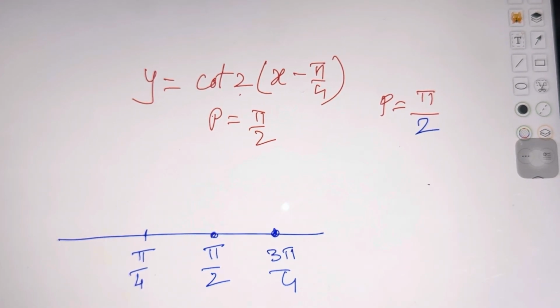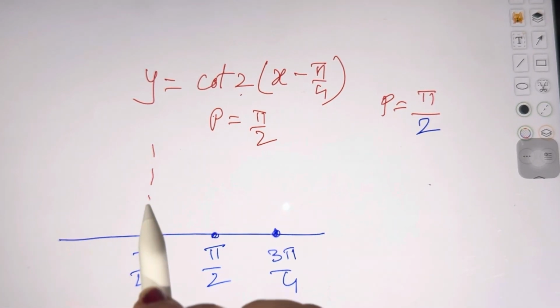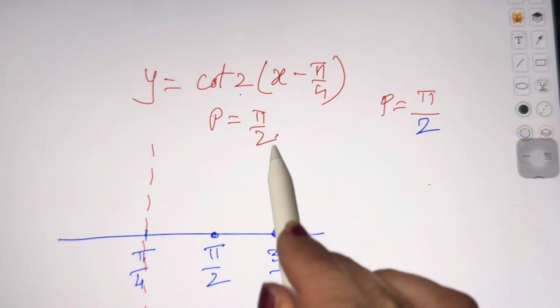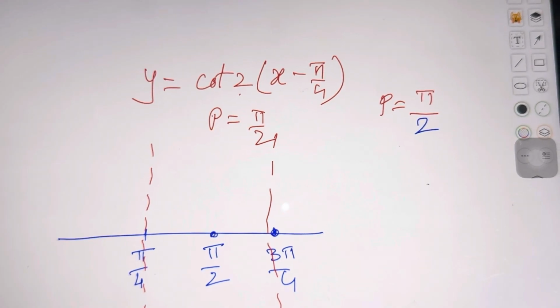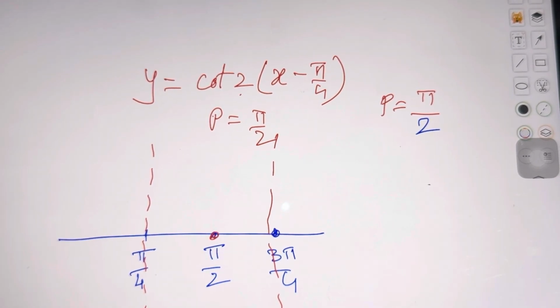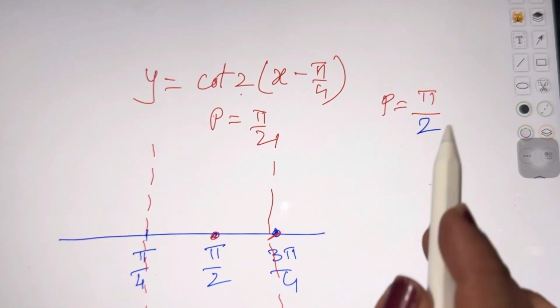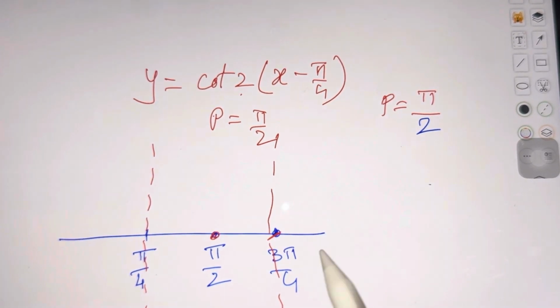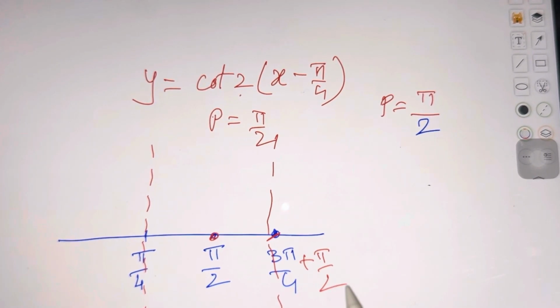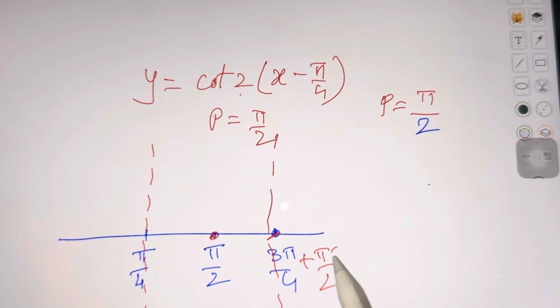If you remember the cotangent function, the first one will be an asymptote, the next one will be an asymptote, and the middle one will be the 0. To get more asymptotes, keep on adding the period. If I add again a period of pi by 2, I will get another asymptote at 5 pi by 4.